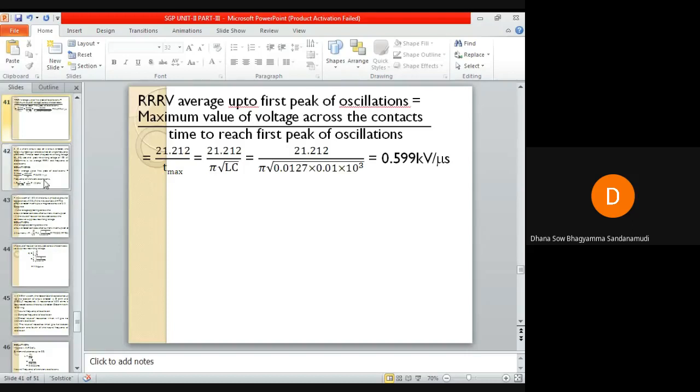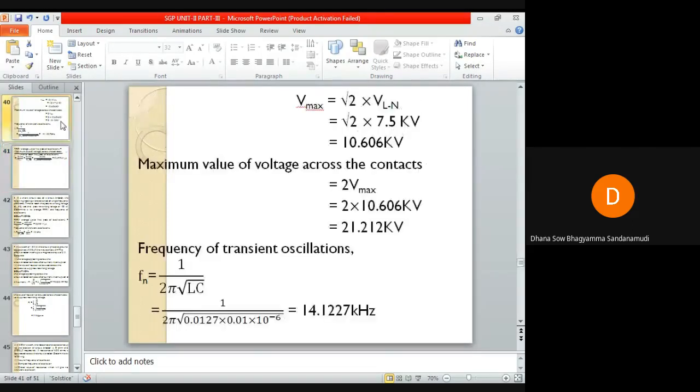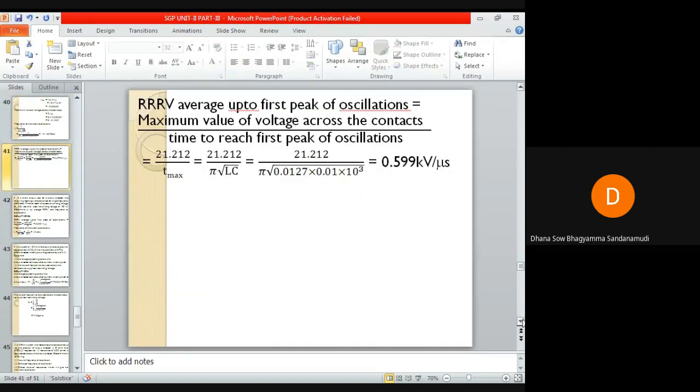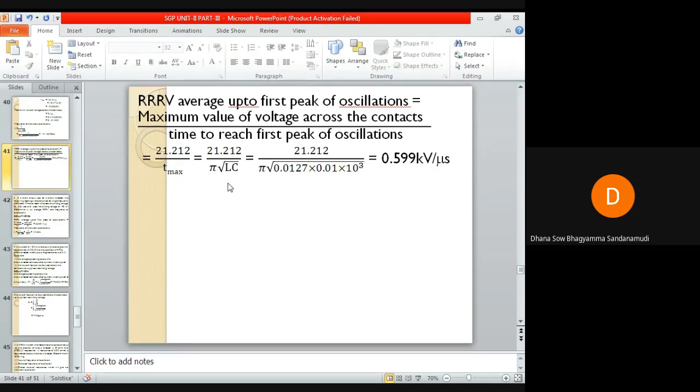Already we have calculated 2V max, that is 21.212, divided by pi into root LC. You know L value, that is 0.0127, into C value is 0.01 into 10 power 3.